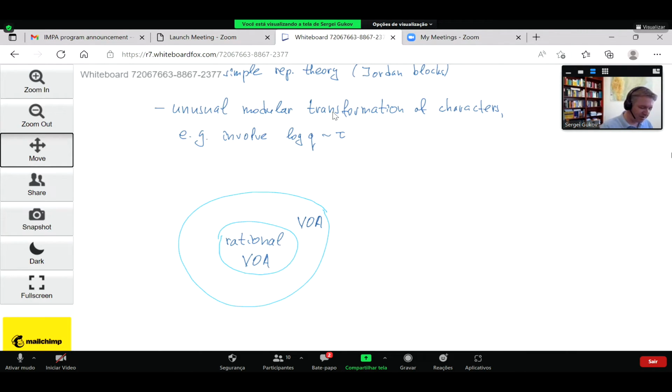But then the biggest shell, and then one can refine this Venn diagram in many different ways, would be in terms of logarithmic VOAs. And that's why to Boris and probably to many others, these are extremely interesting algebras because they're in some sense most generic.